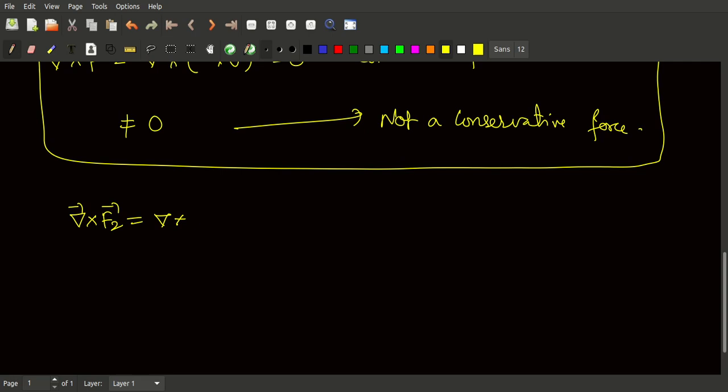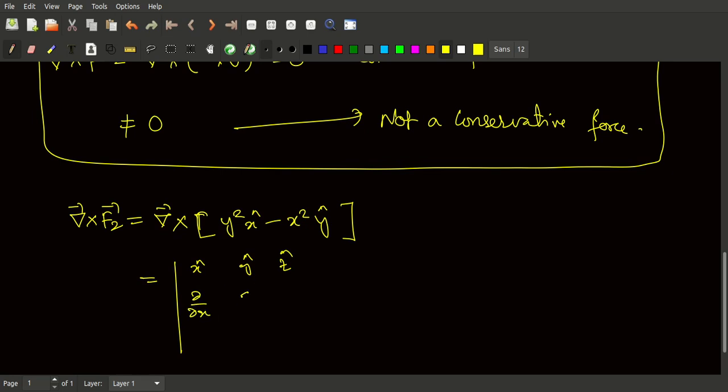So if I take the curl, del cross y square x cap minus x square y cap, take the curl of it just the same way we did earlier, put it in the determinant. So x cap, y cap and z cap, del upon del x, del upon del y, del upon del z.